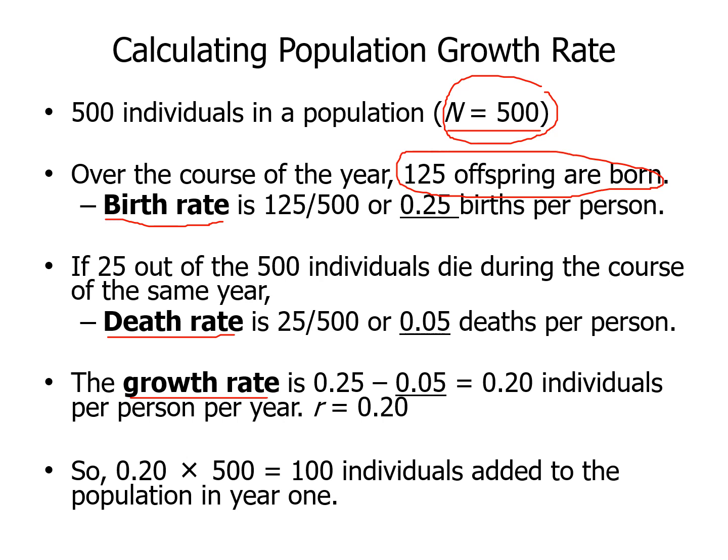Pardon my terrible circle. So we have 125 offspring being born. In order to get the birth rate, we are going to take that 125 and put it over 500, and the 500 is going to be N. So it's going to be the number born over N. That is how we get our birth rate, which gives us 0.25.